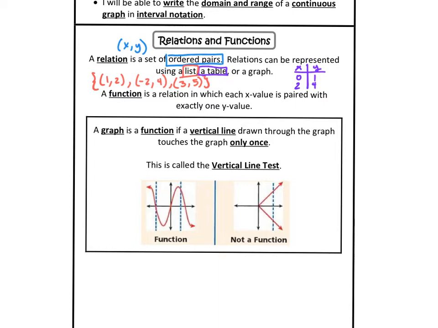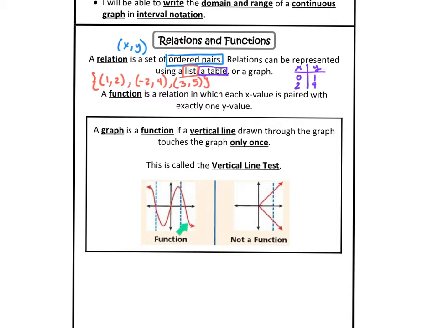So the rule for the vertical line test is the following. If a vertical line drawn through the graph touches the graph only once, then that graph is a function. Let me say it again. If a vertical line is drawn through the graph and it touches the graph only once, then that graph is a function.